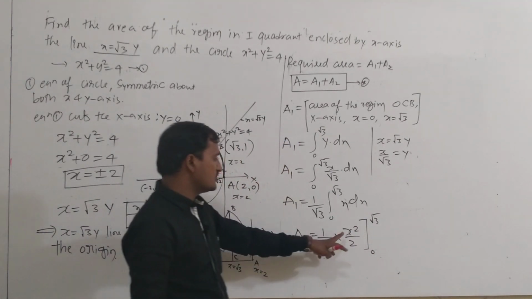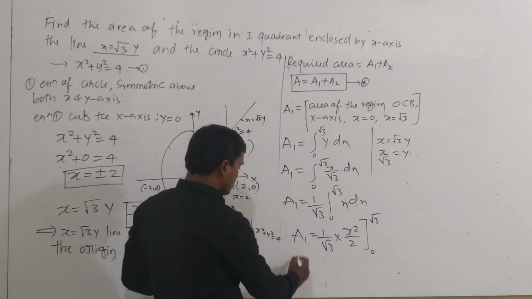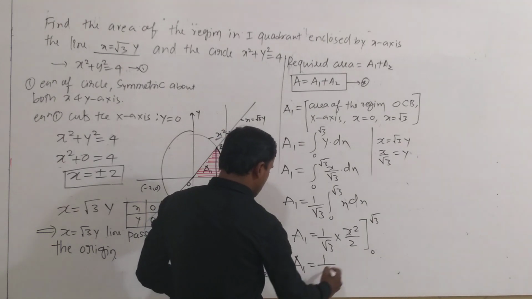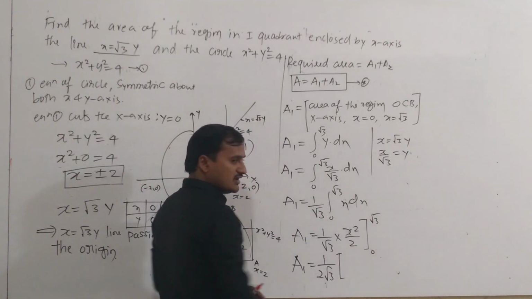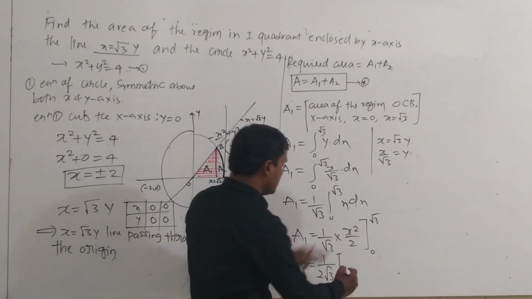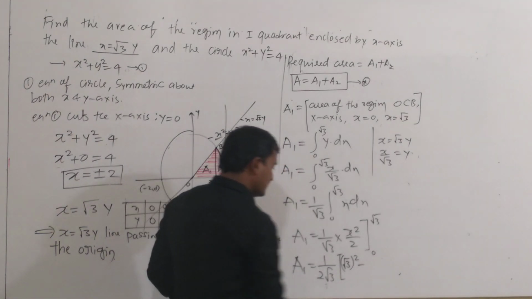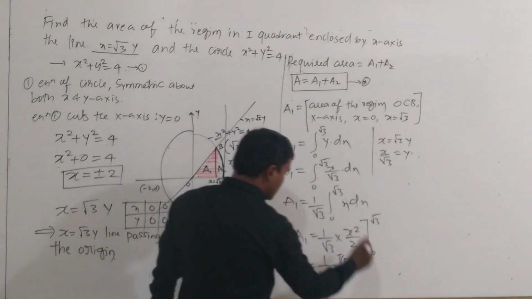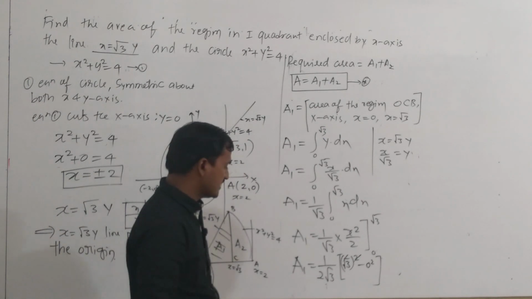Now I will substitute the upper limit, after that lower limit. I will take this 2 to here. Therefore A1 becomes 1 upon 2 root 3 and the remaining is x square. Substitute the upper limit. Therefore this becomes root 3 whole square minus lower limit is 0, that is 0 square.